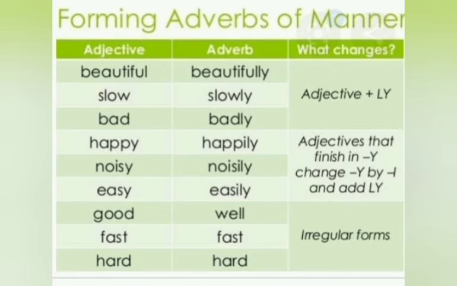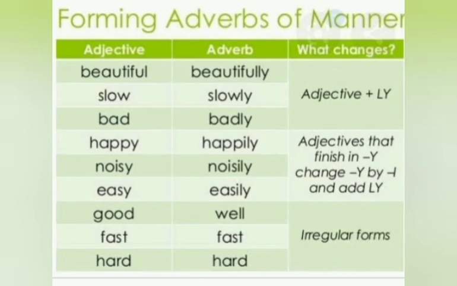First of all, we take away the Y and we add an I. So we take away Y from happy, noisy, and easy, and we add an I. Then after that, we add ly. So we get the words happily, noisily, and easily. This is how you change some of the adjectives into the adverb of manner.